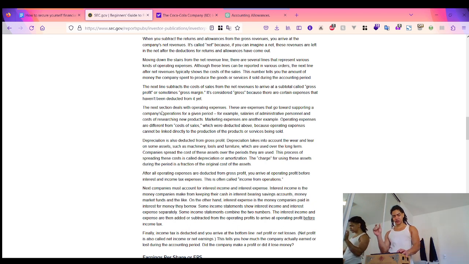Okay, so the next section deals with operating expense. It makes sense because one is to now deduct things, or expense, to support the company operations.